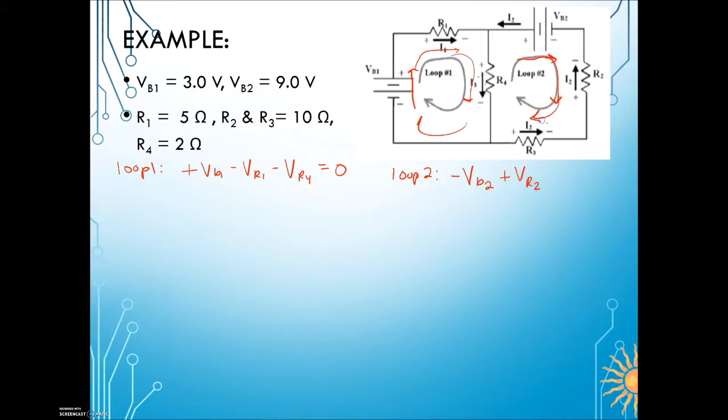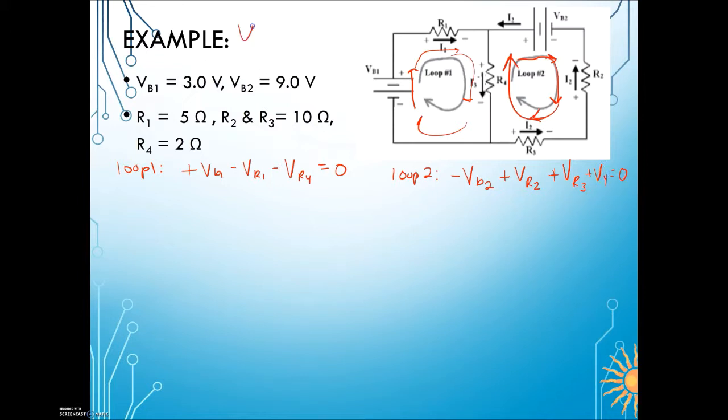Continuing along, my loop is again going opposite to the current direction, so that's a positive voltage at R3. And once again, as I pass through R4, my loop is going opposite to the direction I said current was, so that's a positive R4. And again, that has to equal 0.